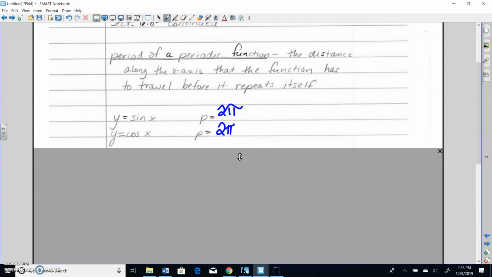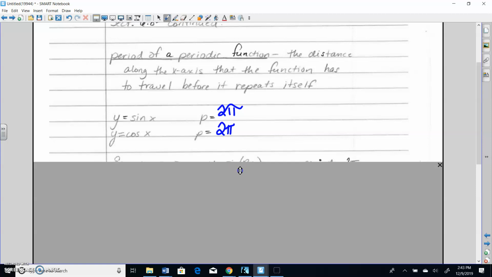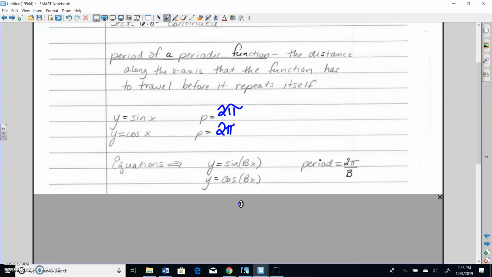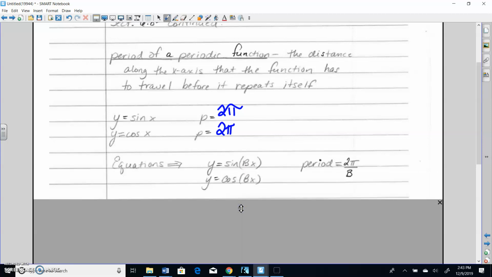So we can look at equations and determine the period of a function. And here are the two adjustments, or what we're looking for in our equation. So we are looking for y equals sine of something times x, in parentheses, or y equals cosine of the quantity bx.